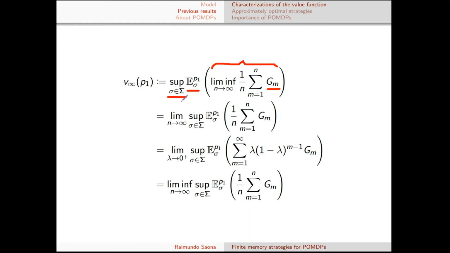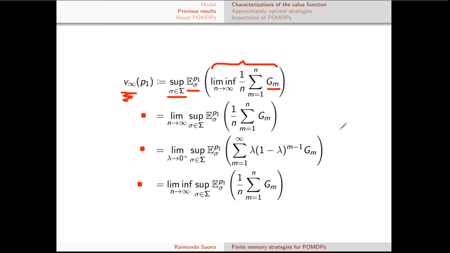This value has been extensively studied, and it coincides with other classical definitions, including asymptotic value, uniform value, general uniform value, long-run average, and uncertain duration process value. All those prove this series of equalities. Thus, strong results are available concerning the existence and characterization of the value V infinity.